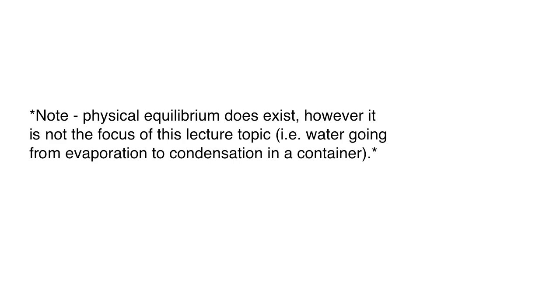You can have physical equilibrium, for instance, water going from evaporation to condensation, right? Or you could have a chemical equilibrium, which is a different type of reaction. Maybe water becoming hydrogen and oxygen gas.